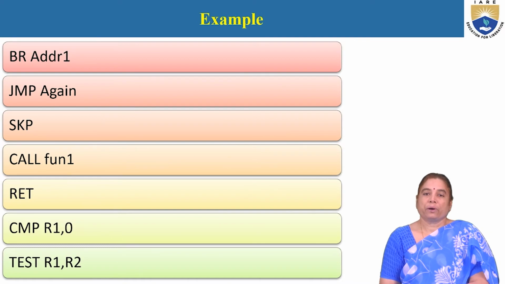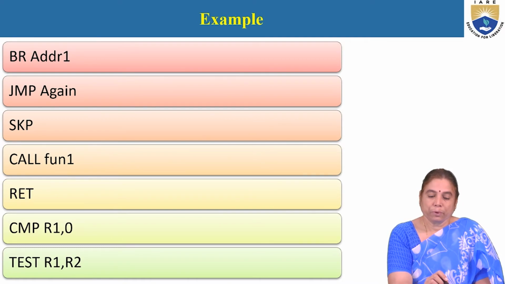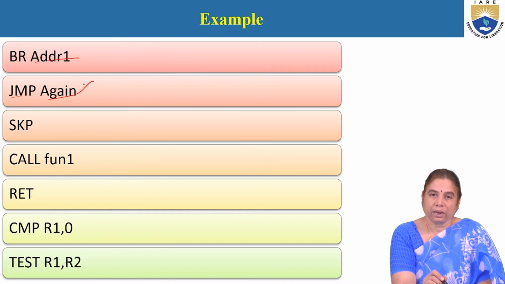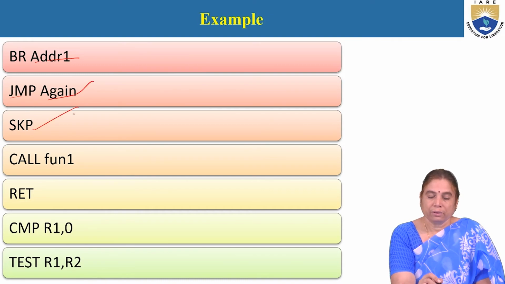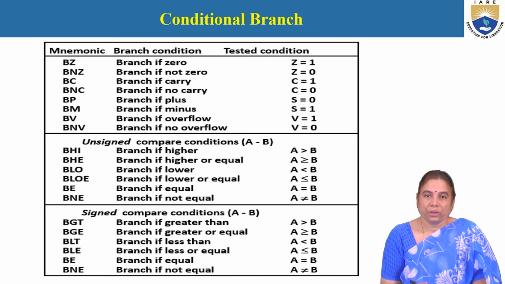How can these program control instructions be used in an assembly language program? Branch, with a memory address location. JMP, again with a label. SKP, skip to next instruction. Call the specific function, FUN1. Return from the procedure or subroutine. Compare, test. So what are the conditional branching instructions? Before branching, the condition can be tested.